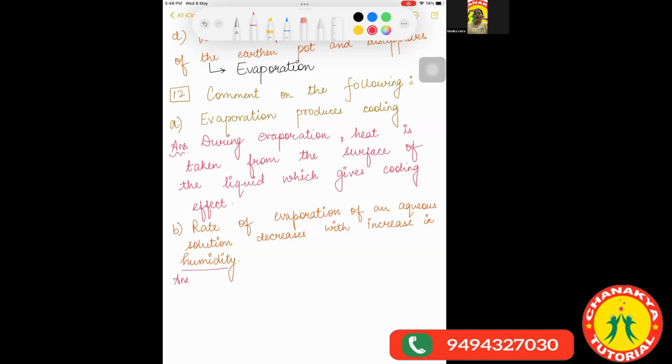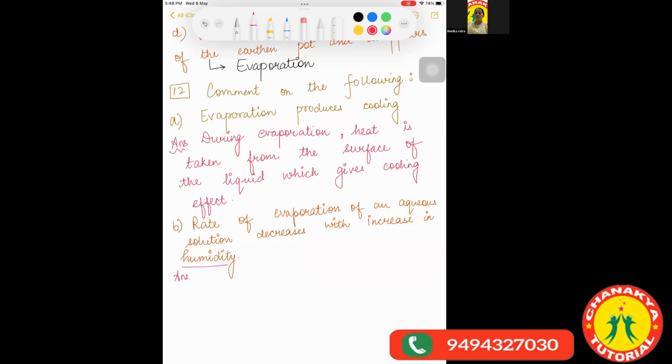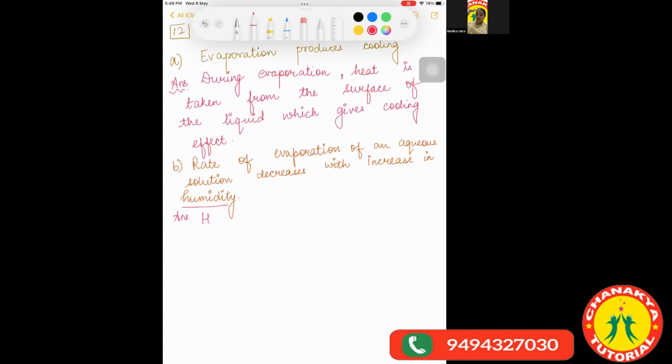A similar question we did day before yesterday also. Ma'am, in this question, should we just define what is humidity? No. Basically, in this question, you are being asked that the rate of evaporation decreases when the humidity increases. So you have to somewhere define humidity, but not exactly.